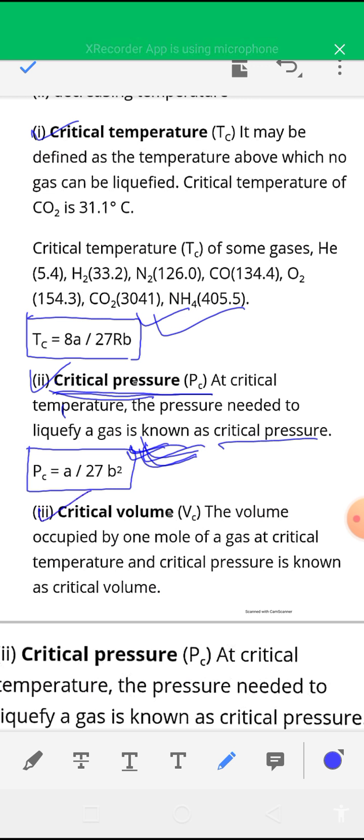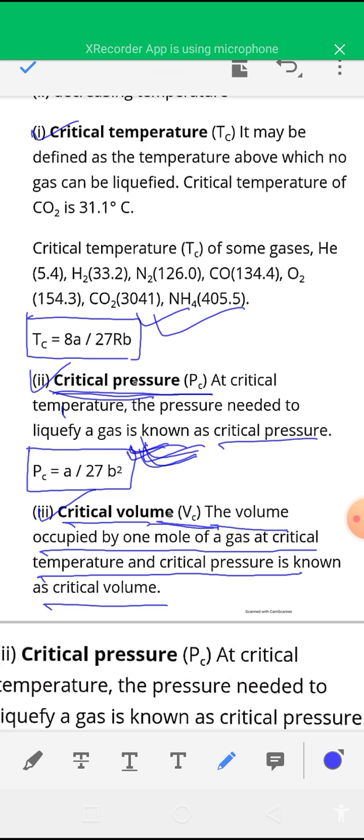And now see critical volume. Critical temperature, critical pressure, and critical volume are critical parameters. Critical volume is represented by Vc. The volume occupied by 1 mole of a gas at its critical temperature and critical pressure is known as critical volume.